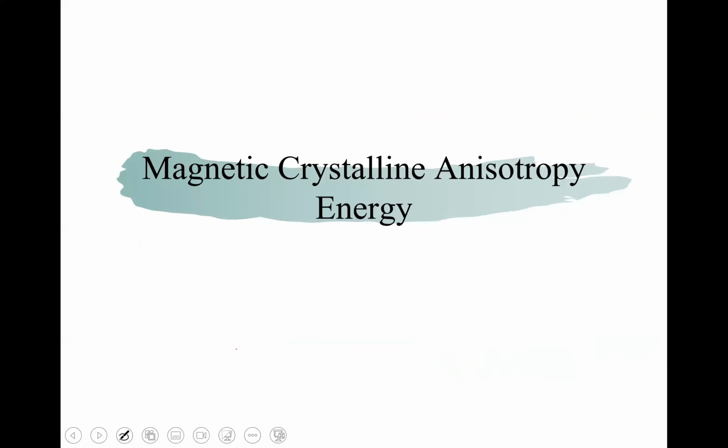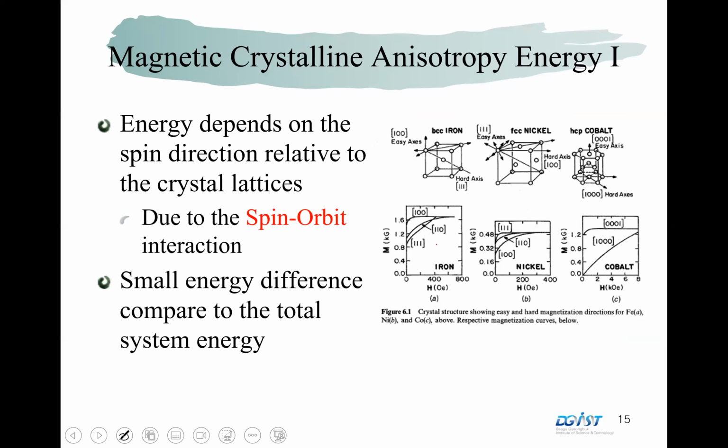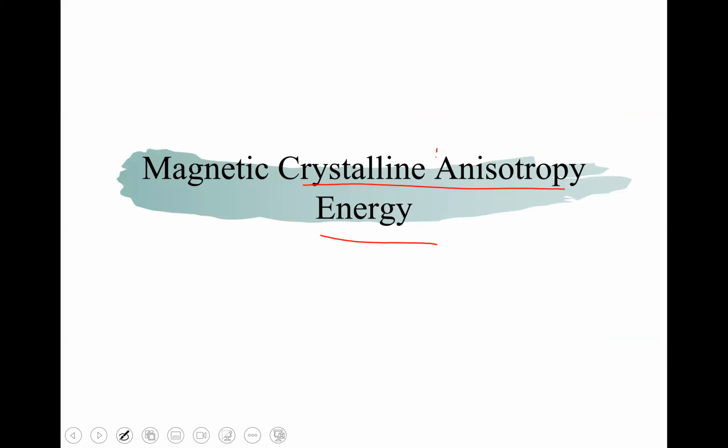Okay, so the next energy is what we call the magnetocrystalline anisotropy energy. By the way, what is the meaning of anisotropic energy? That's one of the important things. Anisotropic is the opposite word to isotropic. Isotropic means they don't care about the direction. Every direction is the same, right?